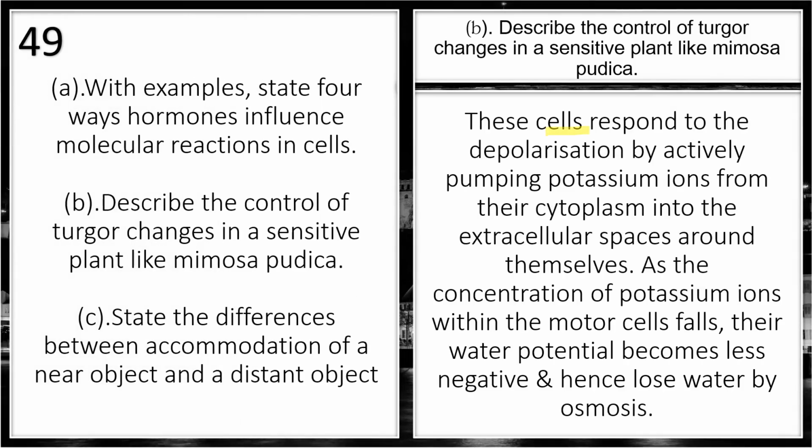These cells respond to the depolarization by actively pumping potassium ions from their cytoplasm into the extracellular space around themselves. As the concentration of potassium ions within the motor cells falls, their water potential becomes less negative and hence they lose water by osmosis.